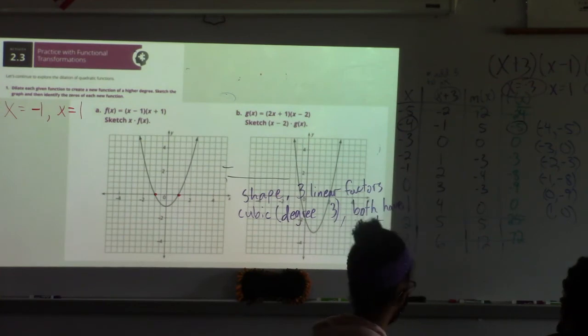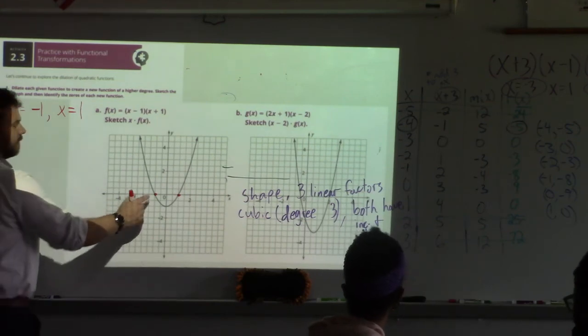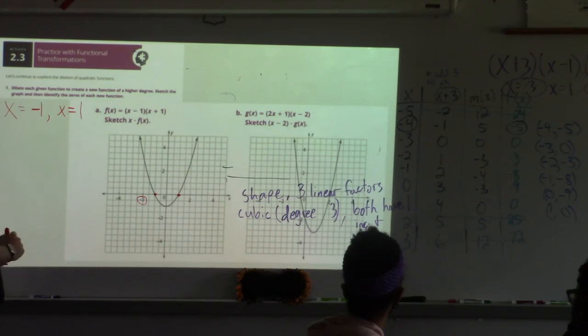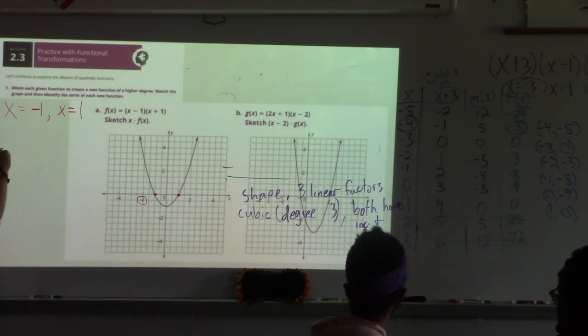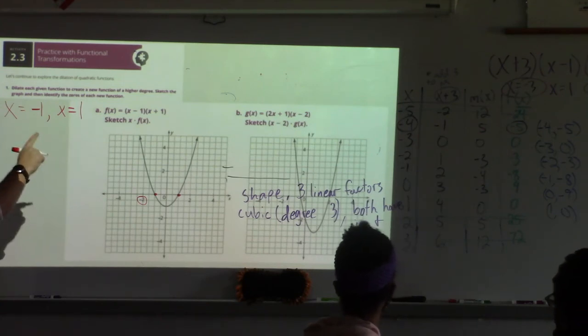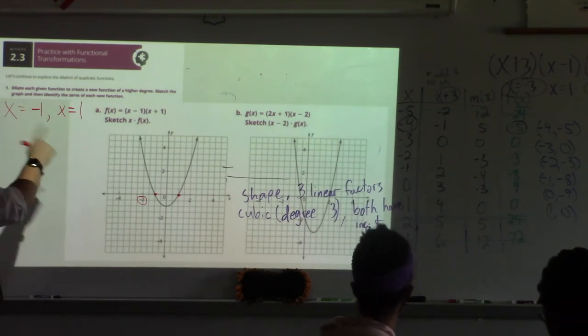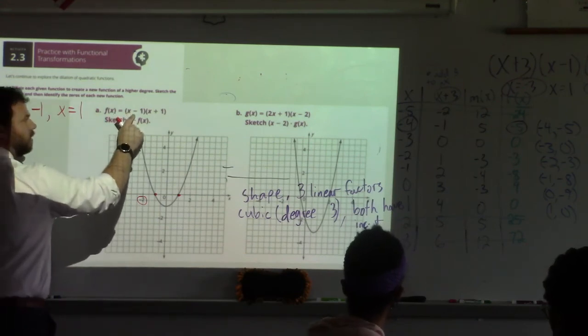Ah, this is why I'm going over this. Hey, before you start graphing, you need to pay attention to your scales. How can this be negative 2 if this is negative 2? Oh. It's going by halves? I don't know. But look at your equation. Look at that equation. The equation should also tell you what your roots are. What is the zero here?